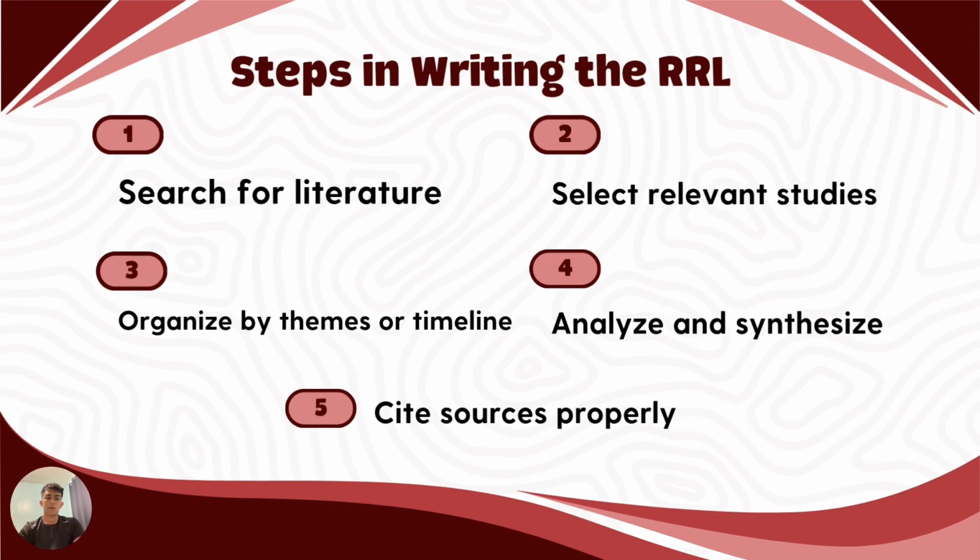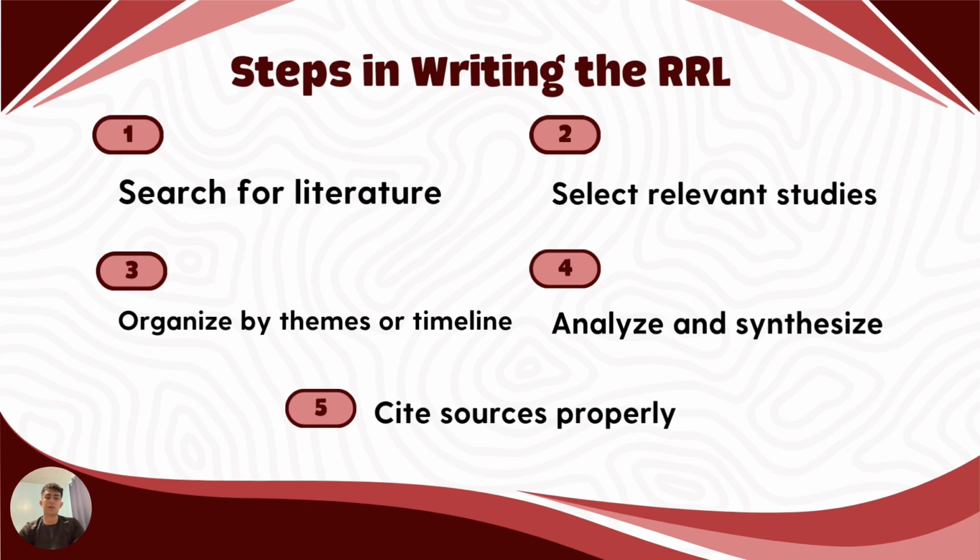The process of writing chapter 2 usually starts with searching for studies related to our topic. After collecting several sources, you filter out those that are not relevant. Next, you organize them either by themes, concepts, or chronology. Then, you analyze and synthesize them.